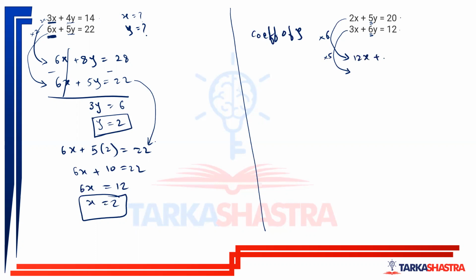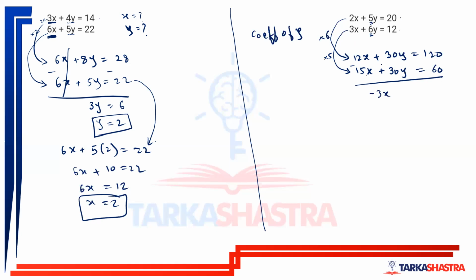You will get 12x plus 30y is equal to 120, multiplying the whole equation by 6. And then you have 3 into 5, 15x plus 5 into 6, 30y is equal to 60. Subtracting it, we get 12x minus 15x, that is minus 3x.